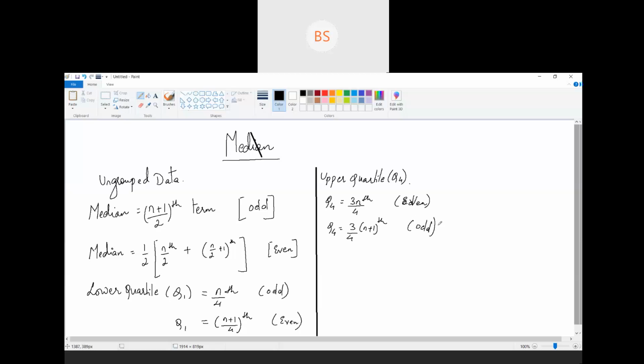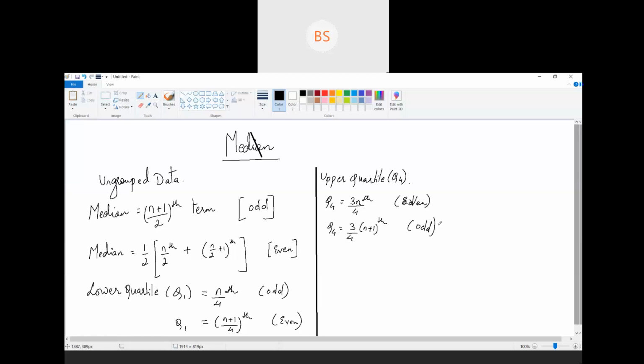So now we found out the three parts. One is the first part, that is the lower quartile Q1, the center one is the median, and the third part is the upper quartile. We will be studying these three parts in the observation. Then we have range.